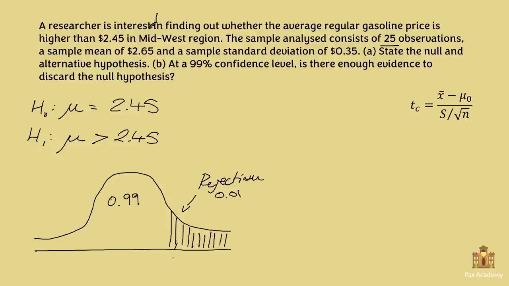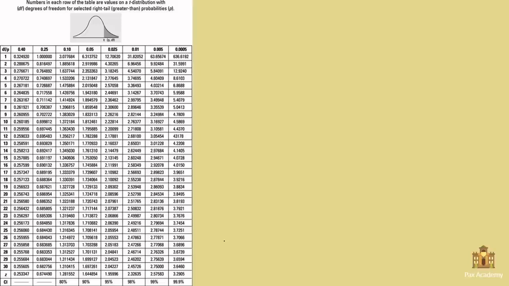And now we need to find again the critical value, so the value at which the rejection region starts. Now for the t-test, we need to use this table, which is slightly different. So again, here we have the alpha, which is our significance level, which in our case is 0.01, like we said.